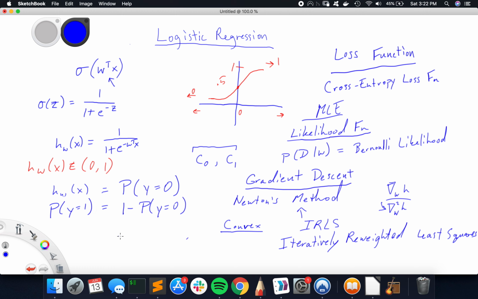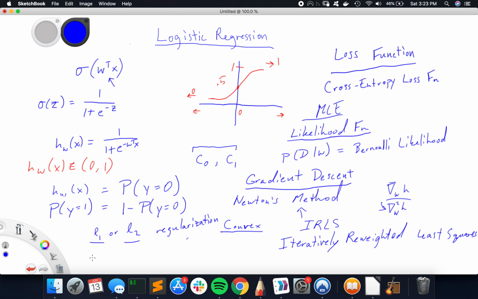You can also, like with any model, do regularization with logistic regression. So you can use either L1 or L2 regularization if you so desire. If you see that your model has really high variance when training, you might want to throw in those types of regularization.